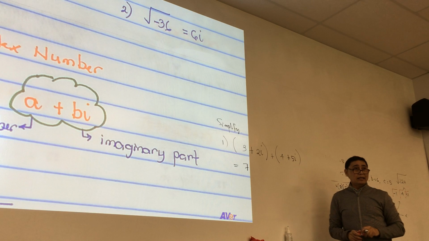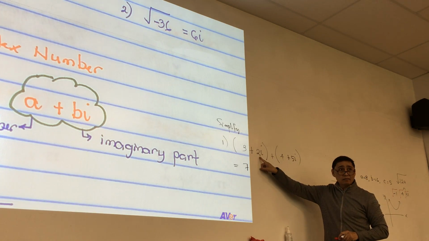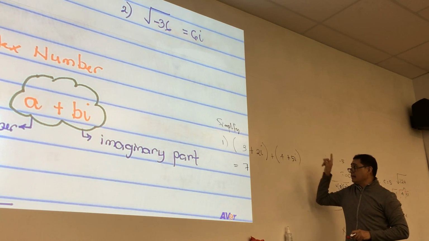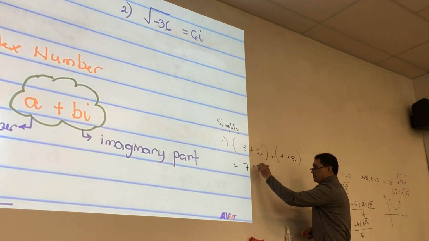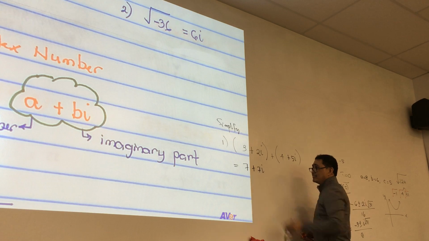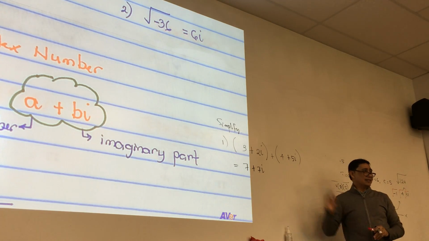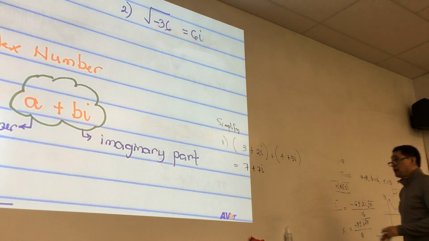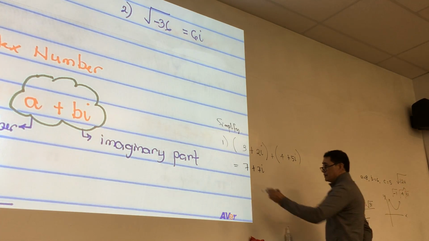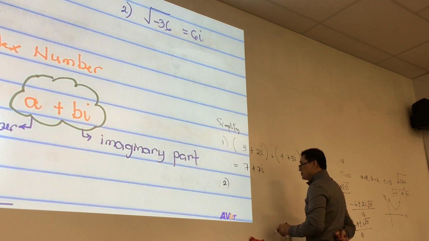Now, the imaginary part here. 2i plus 7i. Alright. I didn't really want them to be both 7, but are we clear so far? We add the real numbers, or the real parts. We add, or we combine, the imaginary parts. Get it? Alright.